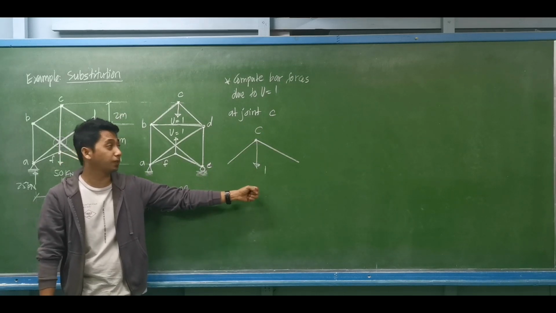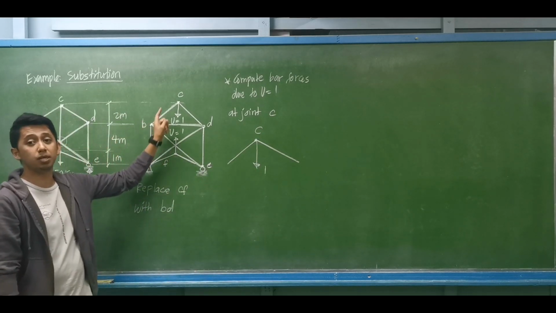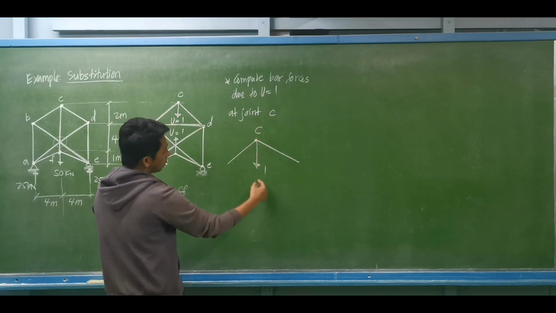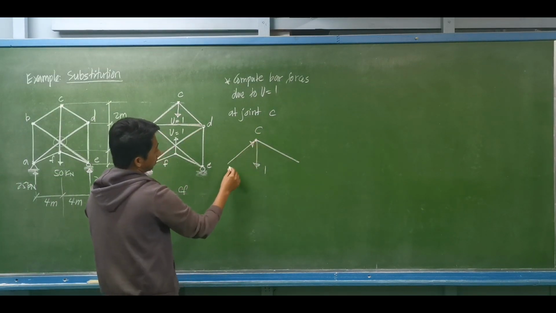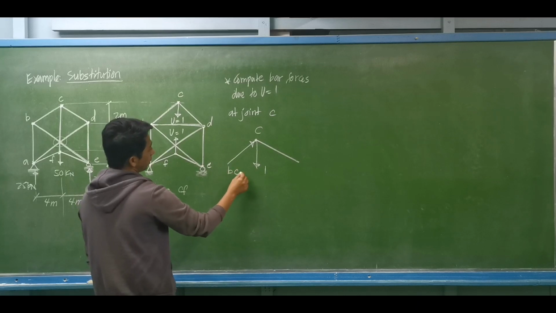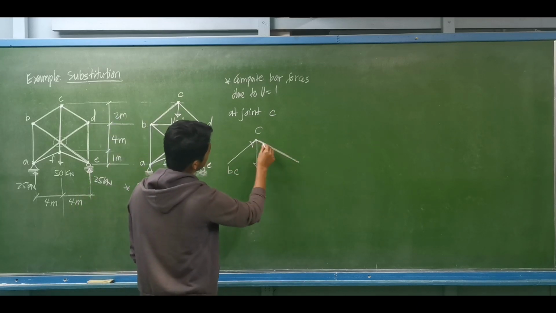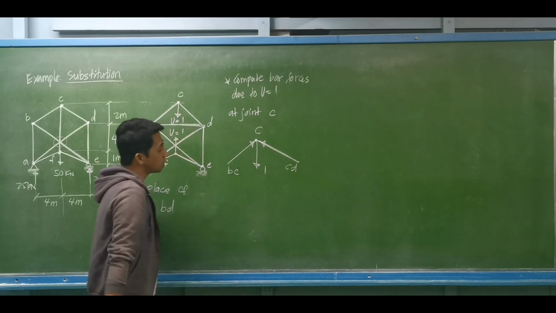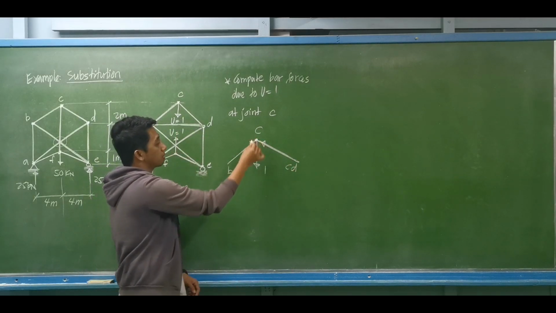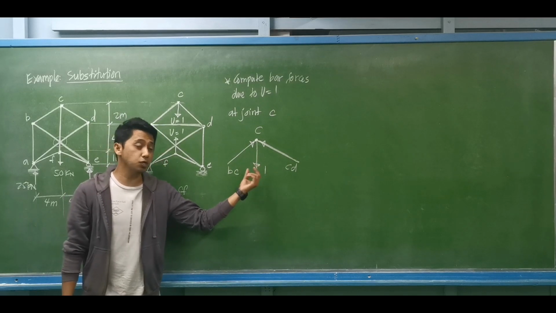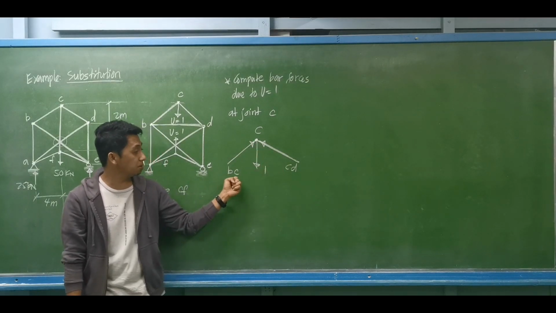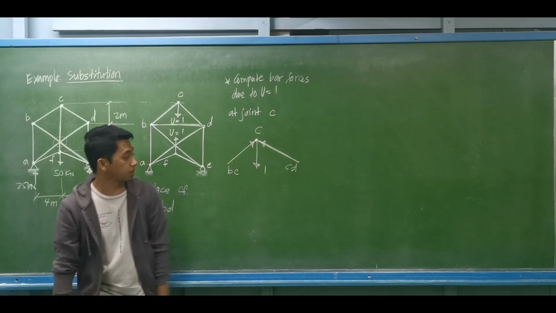What should be the direction of the bar forces for member BC and member CD? Since the load is downward, we assume these two will be upward. So BC is upward, and the same with member CD. Take note, again, since we are doing truss analysis, if the force is towards the joint, it is considered compression. So we are assuming BC and CD to be compression.